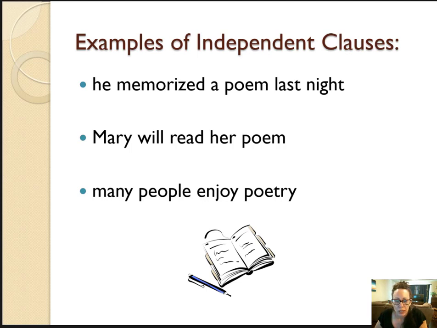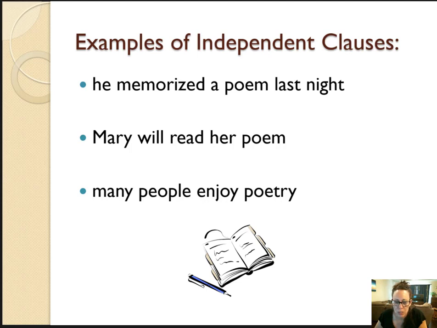So looking at our next example, Mary will read her poem. I've got my subject there, which is Mary. And then my verb is will read. And so those agree with each other. And we also have some tense there, the future with the will. And so I've got two words here in my verb, and that's okay.